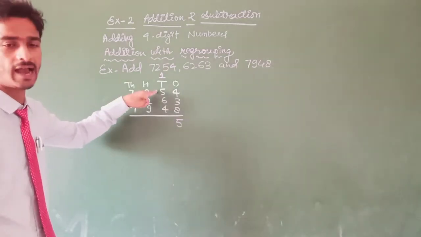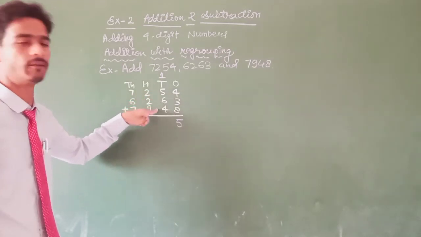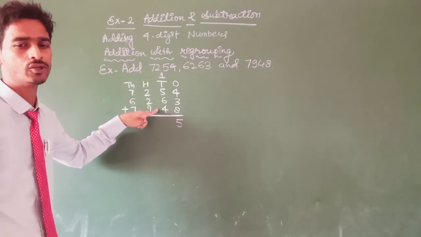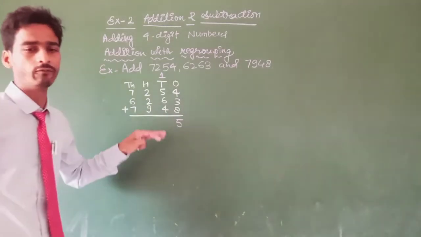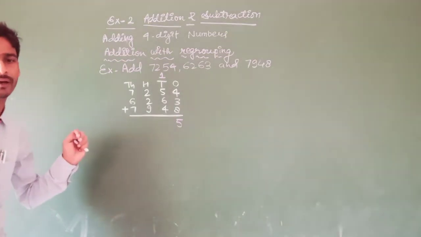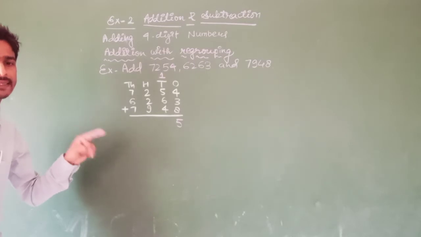When you add the tens: 1 ten plus 5 tens plus 6 tens plus 4 tens is 16 tens. Regroup 16 tens into 100 and 6 tens.